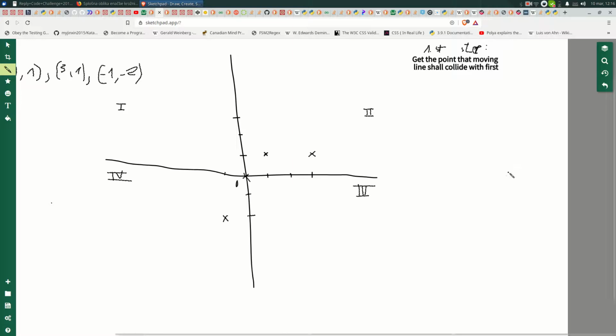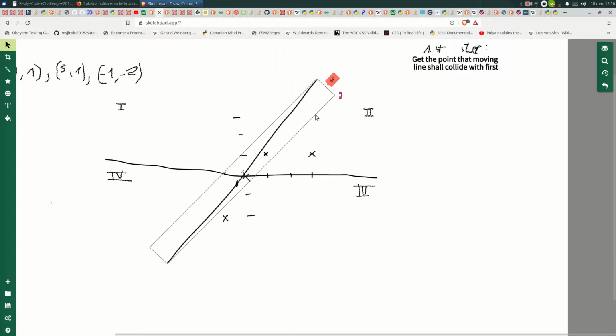Okay. Alright, I'm back from the lavatory. And so how do we get the point that the moving line shall collide with first? Well, if we just take this axis as a moving line, it shall be moving like this.